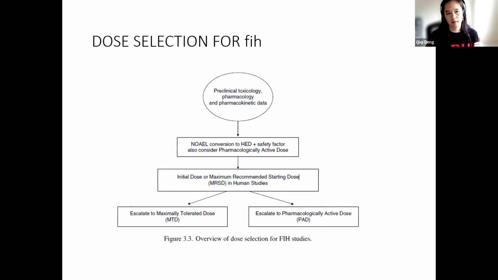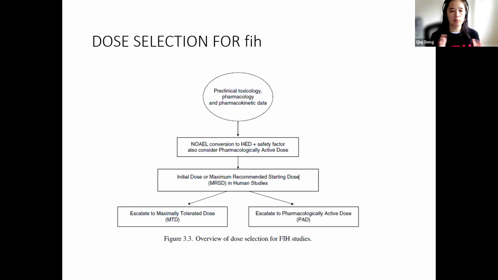In terms of how to select the starting dose, we usually have the preclinical toxicology information, and we have pharmacology data and many other data. Based on that, especially the animal studies, what dose is considered safe and tolerable for the animals, we are going to do a little bit of translation and convert it based on the human equivalent dose.